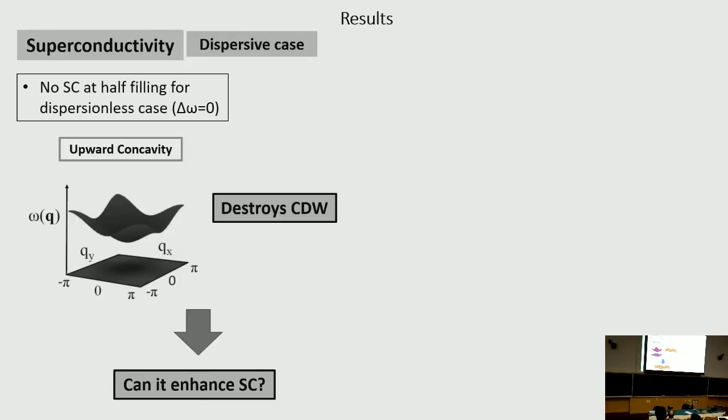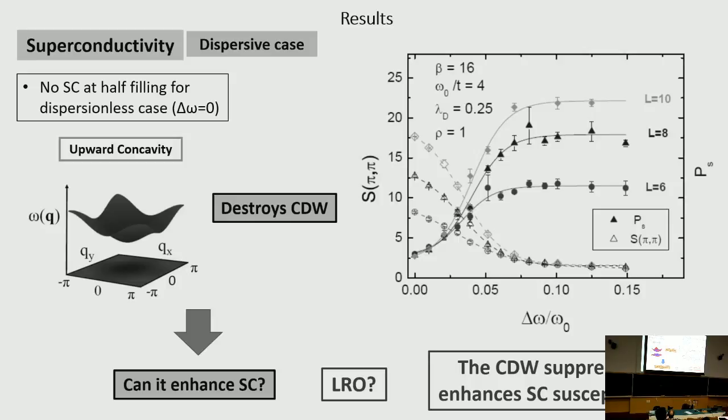Okay, let's proceed and discuss a little bit more about this upward concavity. We have seen that this case is not good for charge ordering. It destroys charge density wave. So the point is, what happens if we increase more and more the phonon bandwidth? Is it possible to have, for instance, superconductivity? And the answer is yes.